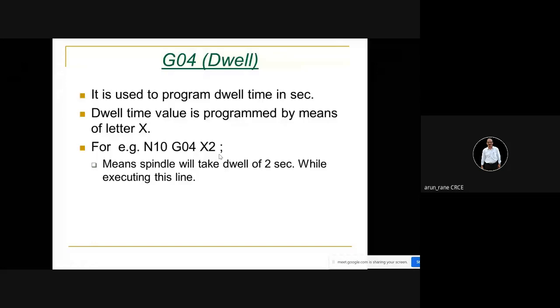If you forget to write the point, or if you forget to give 2000, then in Fanuc if you write only X2, it will be considered as 2 upon 1000, that is 2 micron, the table will move by 0.002 millimeter. Remember, you have to be careful in Fanuc. Whereas in Siemens, you don't have to give 2.0.